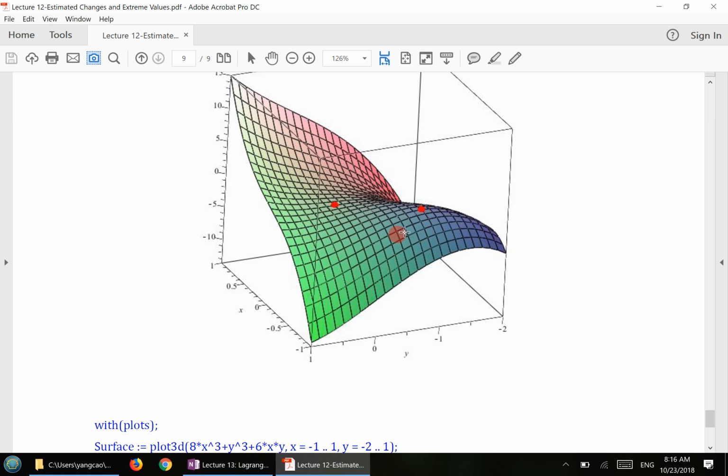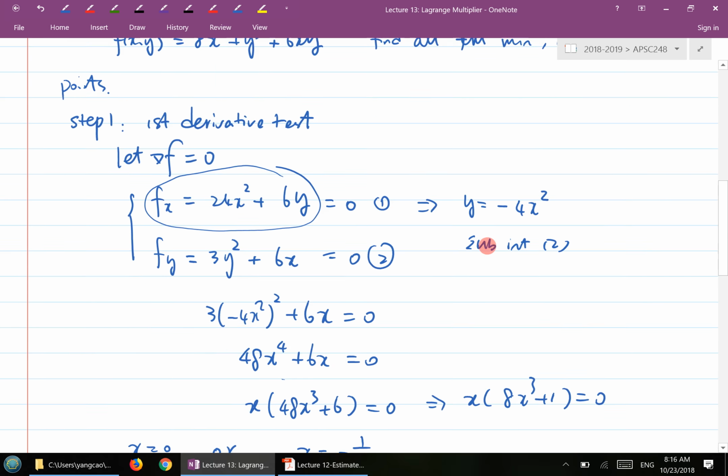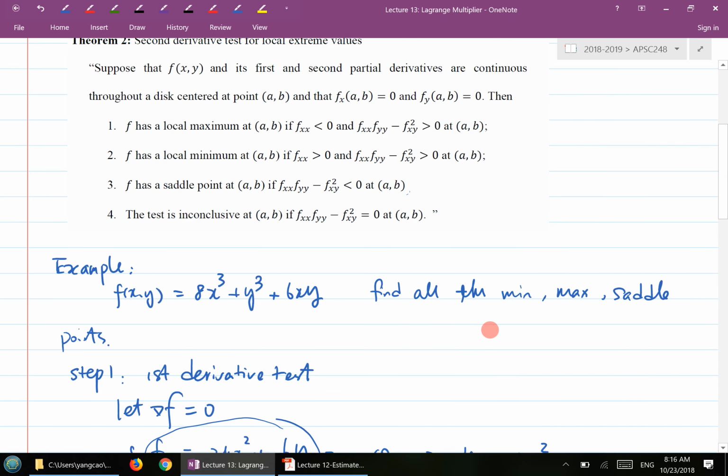Now, if you look at this graph, you'll see why this is called a local maximum, because as you go this way here, the surface actually keeps going up, going to infinity. So that's why this is called a local maximum. You have this formula in the final exam, but I just need you to be very comfortable with how to make a decision by first calculating all those terms that are here.